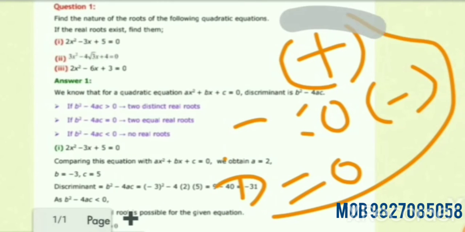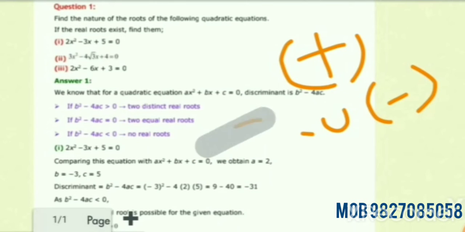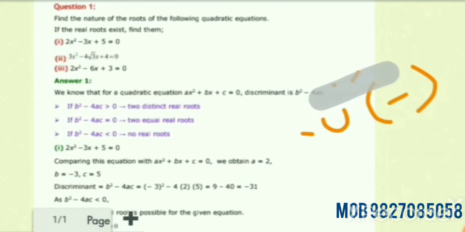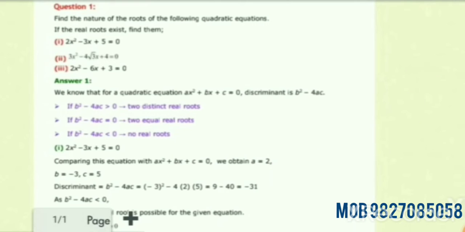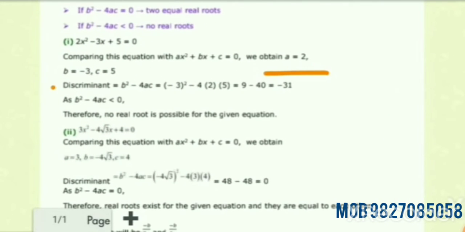Okay, so here the first question is 2x square minus 3x plus 5 is equal to 0. First of all we have to compare the given equation with the quadratic equation, so we find the values of a, b, c. After that, putting them in b square minus 4ac, we get the value.